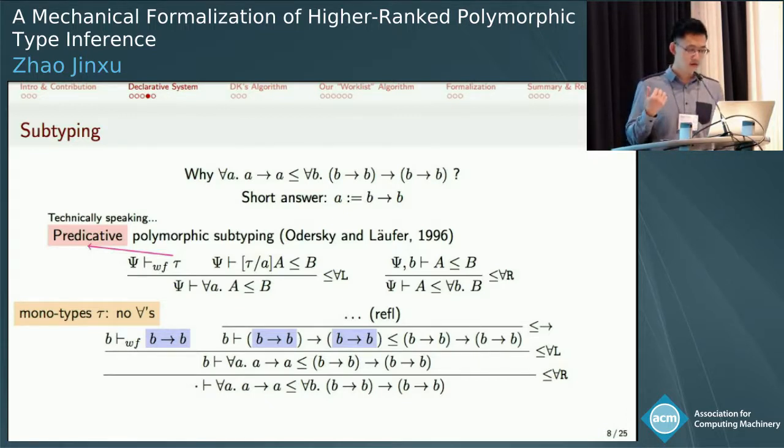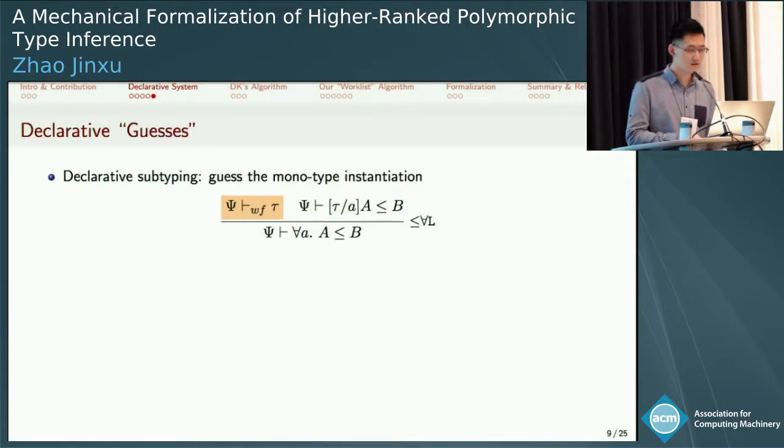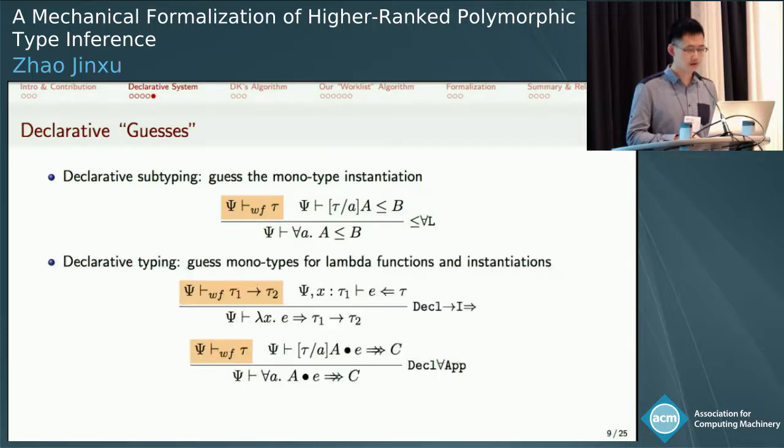As you can see here, the declarative subtyping rule needs us to guess a monotype, and it also happens for the typing system. For example, if you are inferring the type of a lambda function, the declarative system just guesses the type. It's a function type.